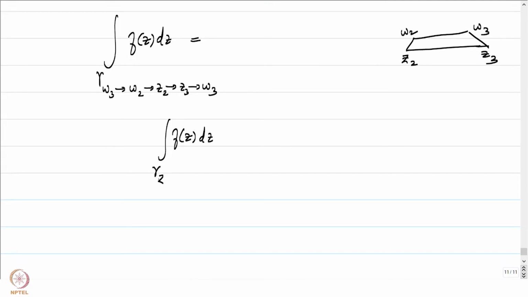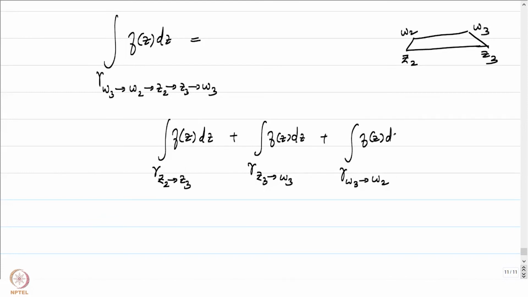This is from Z2 to Z3, plus the integral from Z3 to W3, from W3 to W2, and finally the integral from W2 to Z2. This is precisely what this integral is going to be.